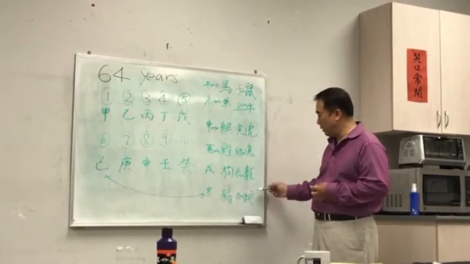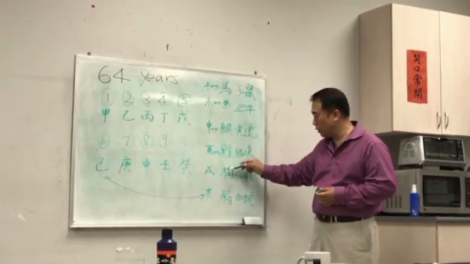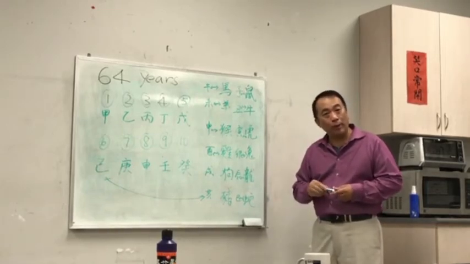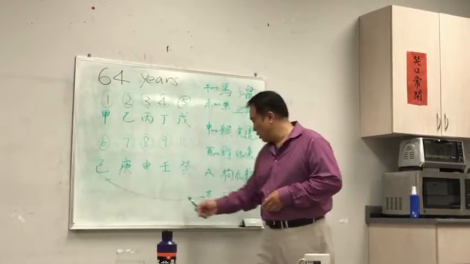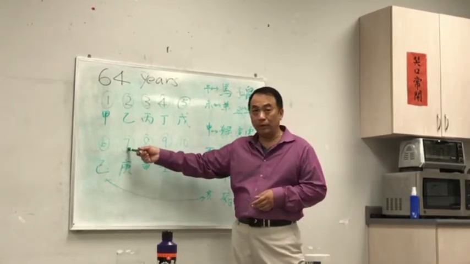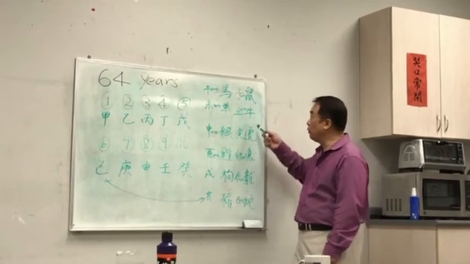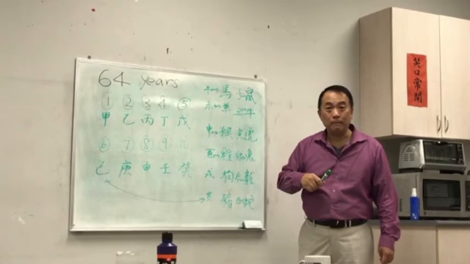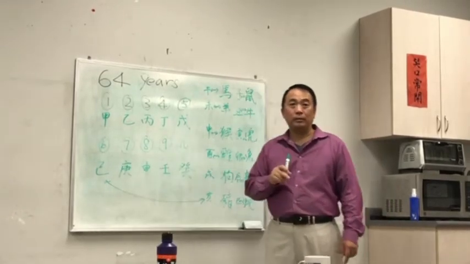Mice, ox, tiger, rabbit, dragon, snake, horse, sheep, monkey, rooster, dog, and pig is the end. And then we're going to go back to the number 1, right? Now we have number 6 with the pig. So after number 6 will be 7. And then the pig is already the 12th animal. Then you go back to what? The mice. So next year is the year of the mice, matching with number 7.